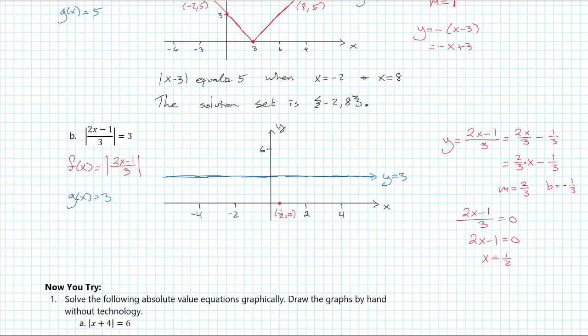And from here, I should have a positive slope of 2/3 moving off to the right. So I'll go up 2 over 3, up 2 over 3, up 2 over 3 again. And then I can take a negative slope of the same thing. Go up 2, back 3, up 2, back 3, up 2, back 3, and draw our line.